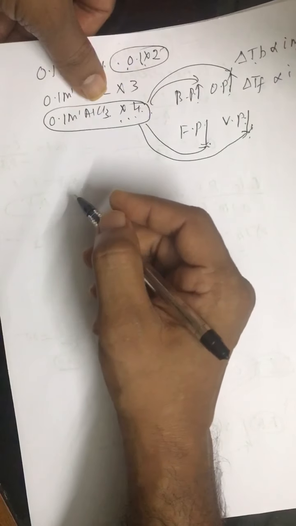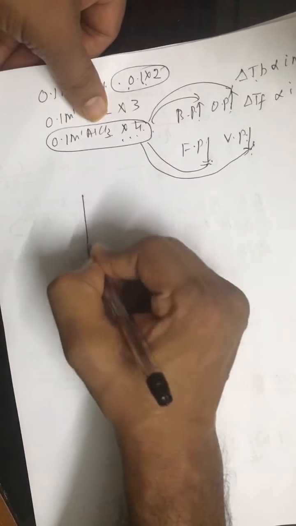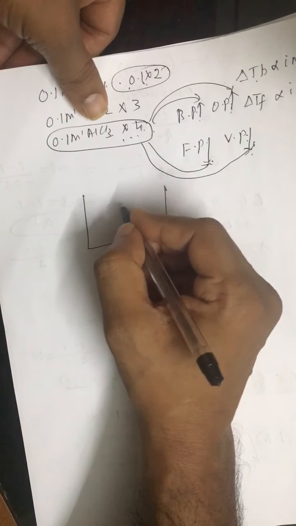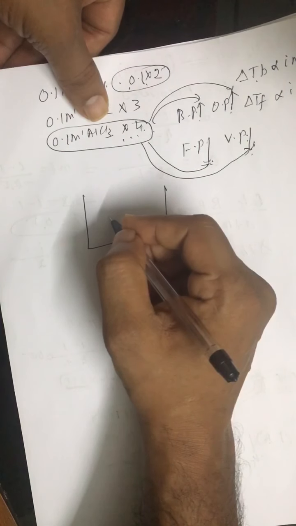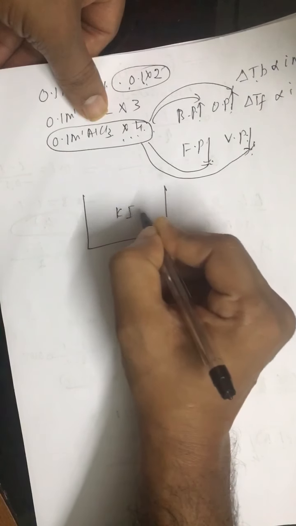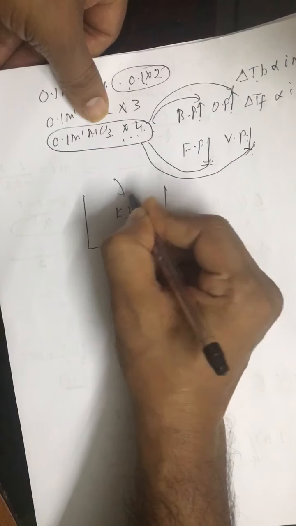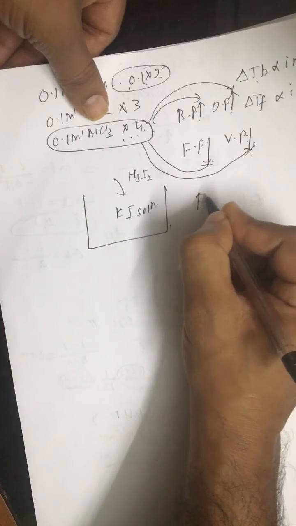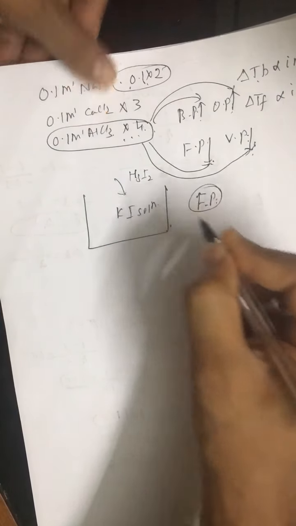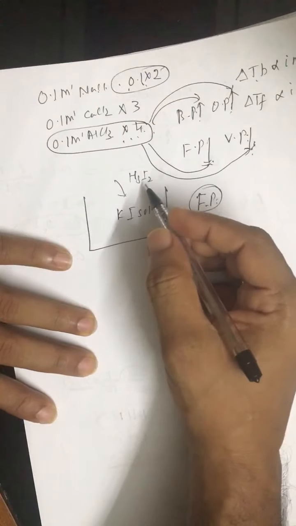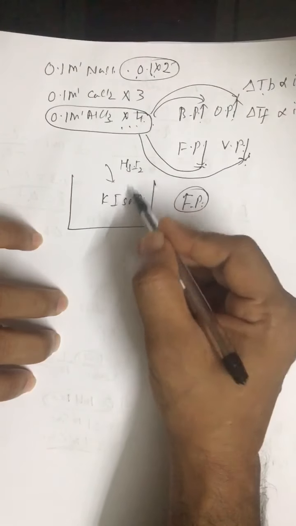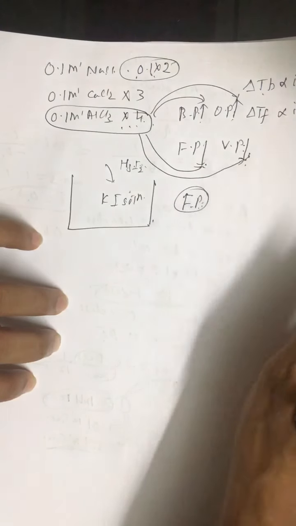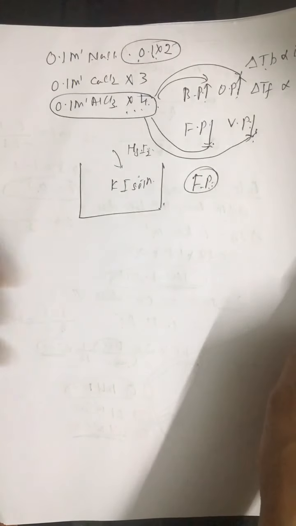In certain cases there is a specific question. Say we are given a KI solution, and in this solution we have added HgI2. What happens to the freezing point of the solution? Normally students think that due to the addition of more solute particles, the freezing point should further decrease. But this is a specific case.